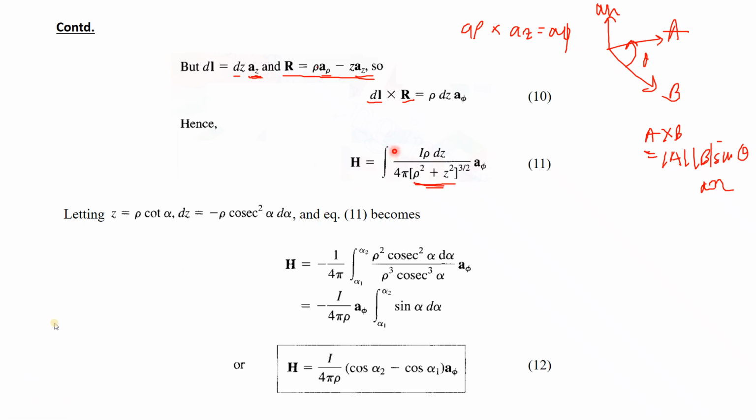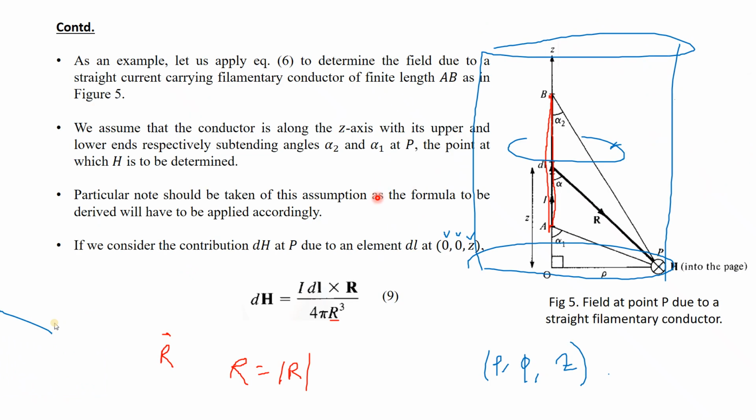Now if you want to calculate the value of h, because the integration is there as per the equation, because we are representing for the entire length of the line. What we have done is taken a small length, this one.